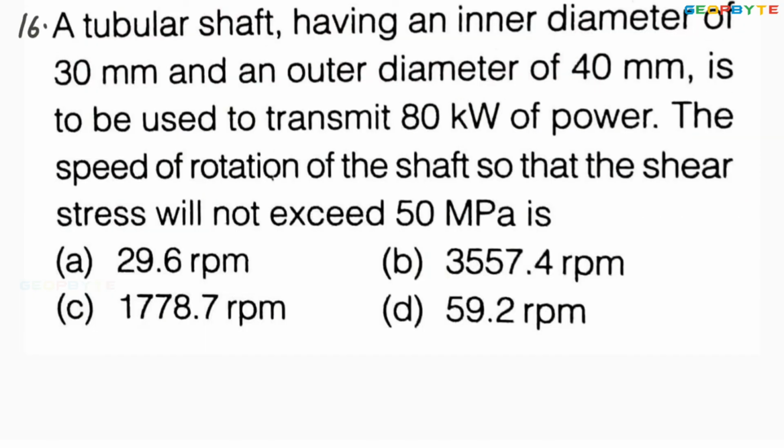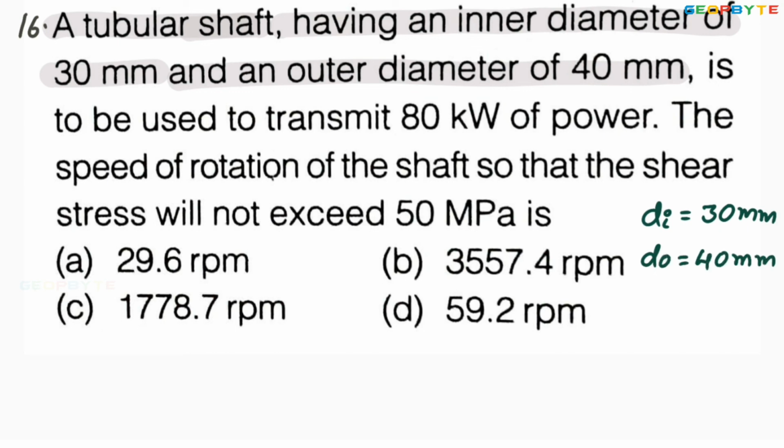Look at the 16th problem. A tubular shaft having an inner diameter di equal to 30 mm and outer diameter d naught equal to 40 millimeter is to be used to transmit 80 kilowatt power.